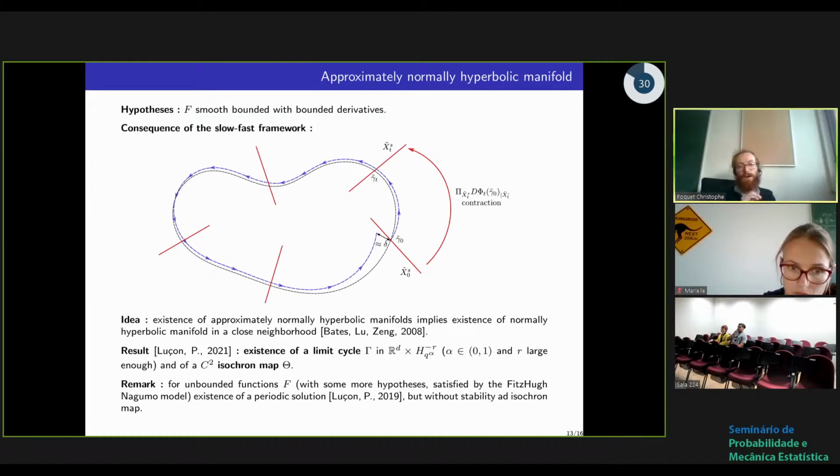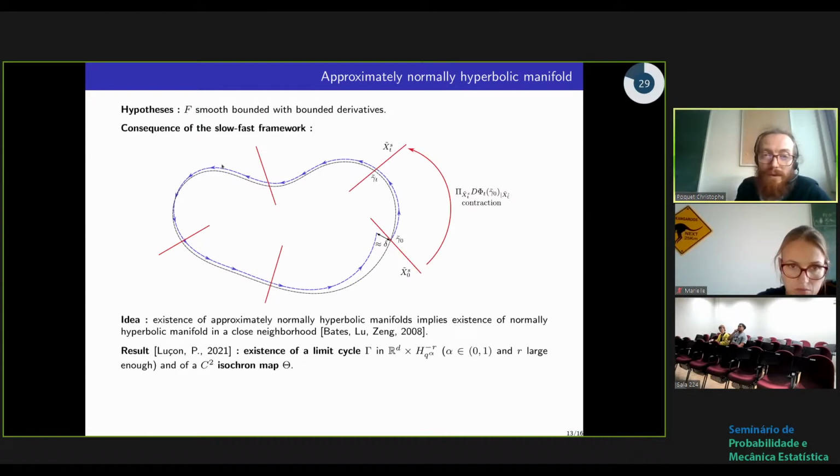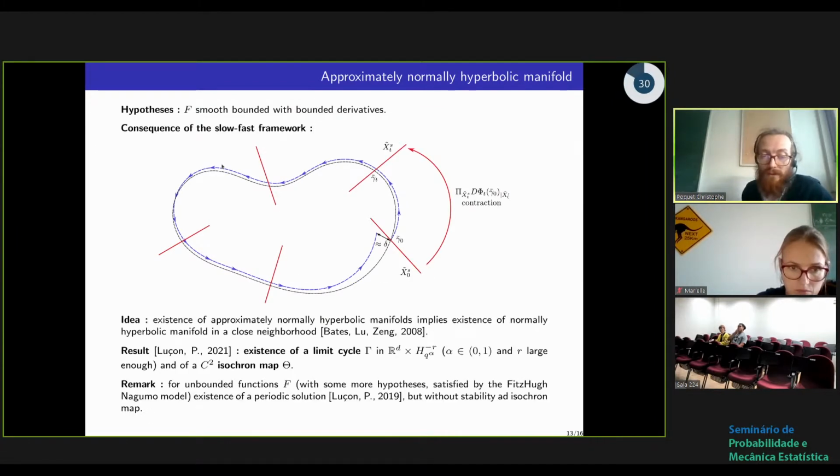Okay, and we did it for F smooth and bounded. So it's a restriction compared with our examples from before, where F was not bounded. But if you take an unbounded function F and you have some more hypotheses, which are, for example, satisfied by the FitzHugh-Nagumo model, you can also, with different tactics, but also linked with normally hyperbolic manifolds, show that you have a periodic solution.